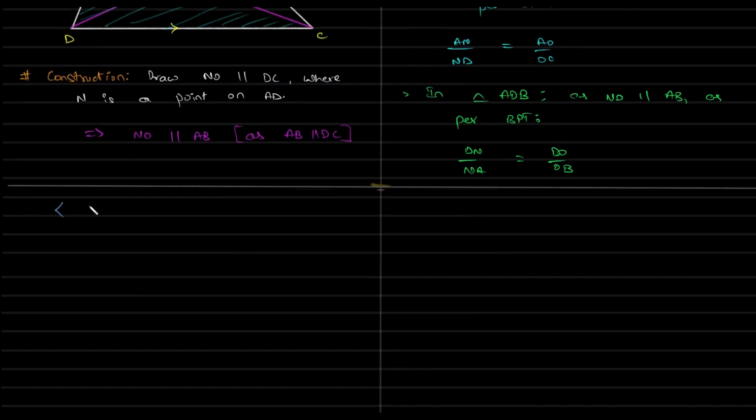I hope you guys got the trick. In this chapter, whatever diagram you're looking at, tilt it so that you see it as a normal diagram with a proper base. If you are confused, do that; if not, then you're set. So inverting both sides, we're looking at NA by DN is equal to DO by OB.